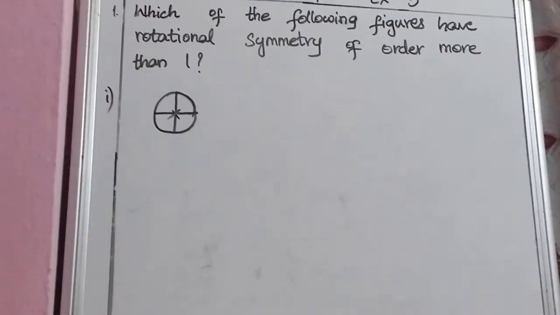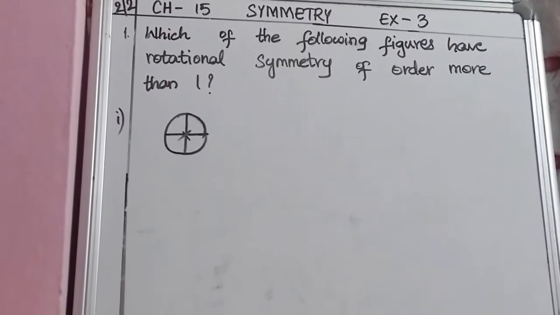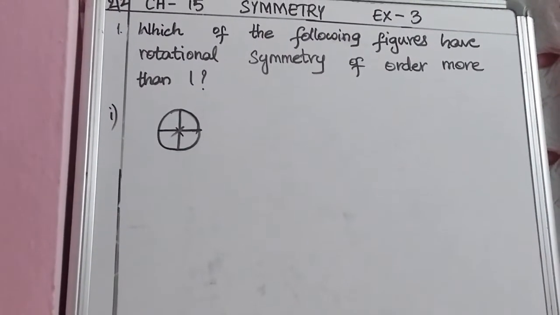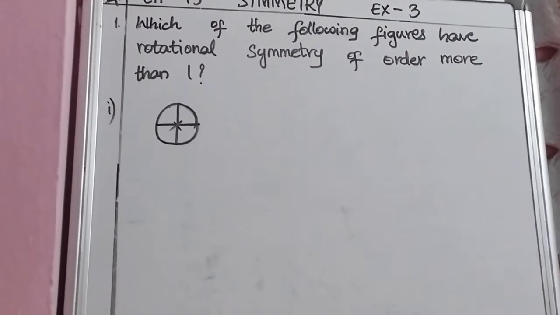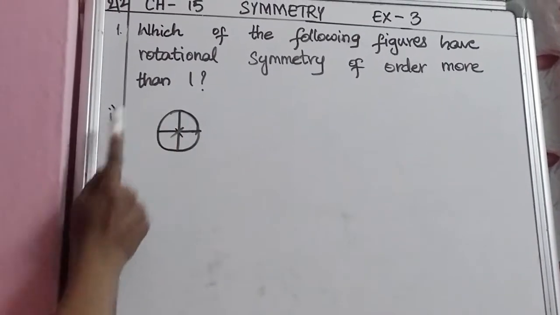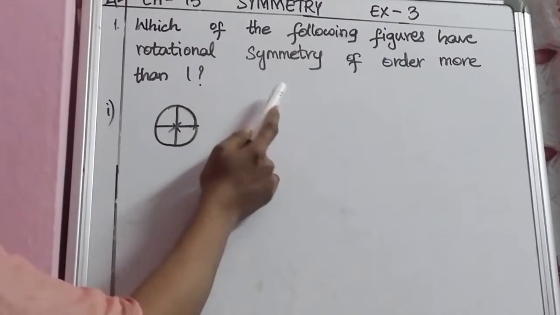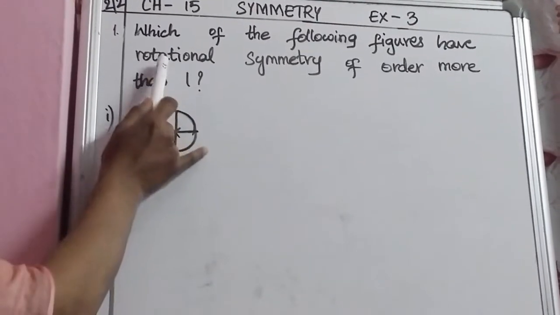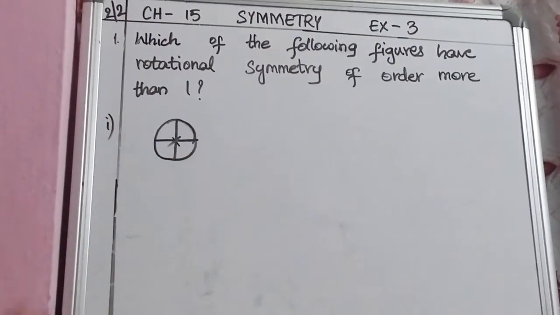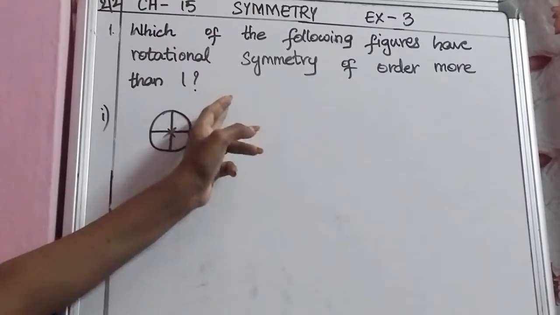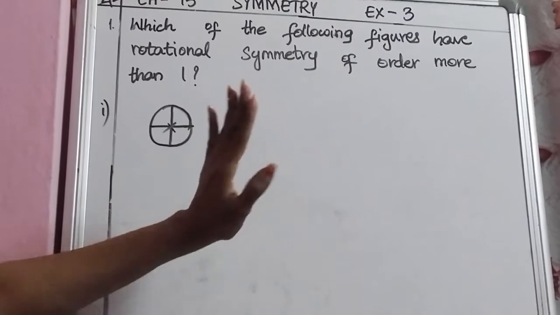Understood this part? Let us do exercise 3 first problem. Which of the following figures have rotational symmetry of order more than 1? If it is only 1, that means there is no rotational symmetry. If it is more than 1 only, that figure is said to have rotational symmetry. Here they did not ask you to find out the angle of rotational symmetry, so we are not going to see the angle.